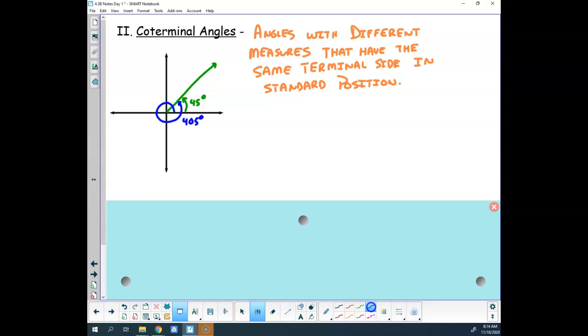A coterminal angle could be negative 315 degrees. Those are all angles that, when we put them in standard position, have the exact same terminal side.